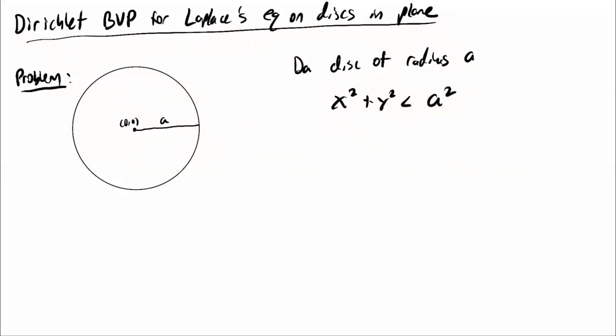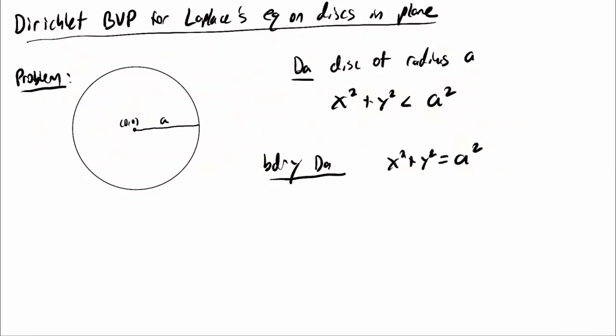This means the distance from the point to the origin is less than a. If the distance is equal to a, well, then you're on the boundary, right? So this is our boundary. And so the boundary is described by the points where x squared plus y squared is equal to a squared.